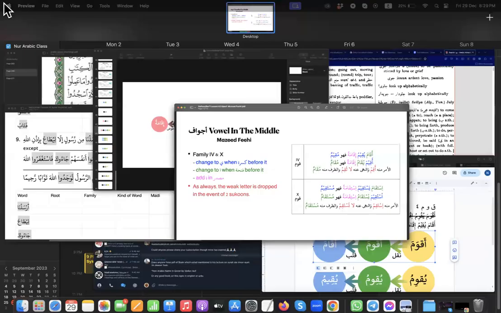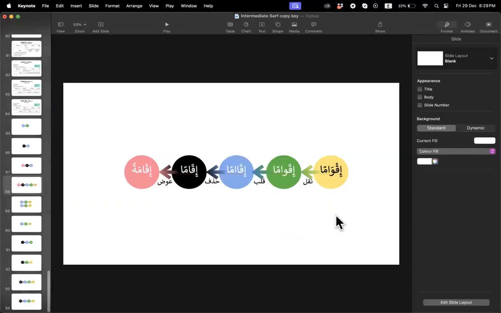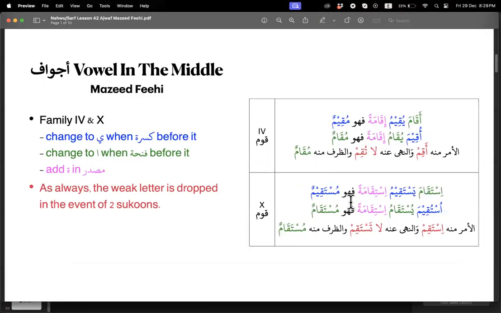You have the five steps just now of the masdar. Istaqawama, then change it, and you will receive two alifs. You have to delete one, and then you put the ta marbuta at the end. So that's why here also istiqamah.